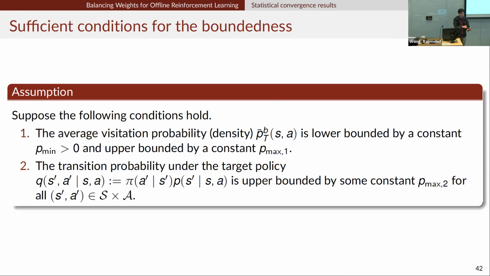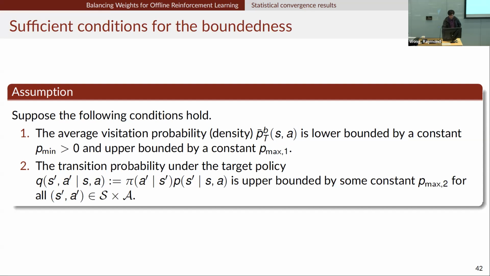As a demonstration, we also use that condition to create some sufficient conditions for the lower bound. This is an example of sufficient conditions, okay. The first condition essentially indicates that the visitation probability in the data is lower bounded by a constant.